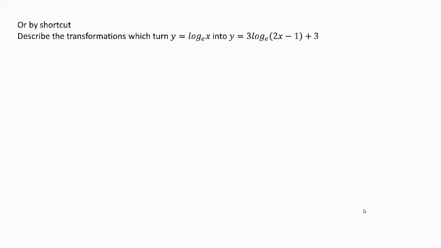Okay, can we do that by a shortcut? Well, there is a little shortcut that if you become more familiar with this, you can look straight at the graph and say 3 log e. Now, I'm going to take my 2 out as a common factor and make that x take a half.